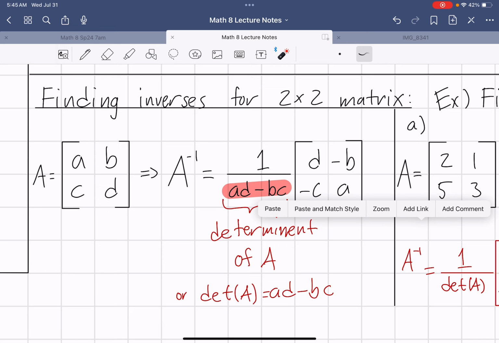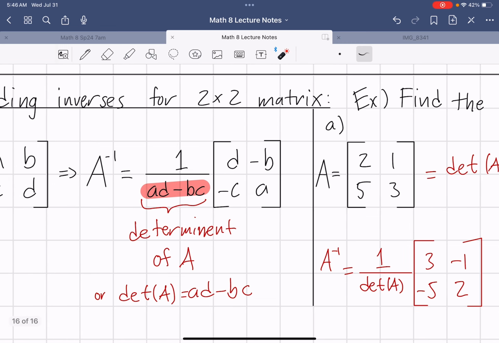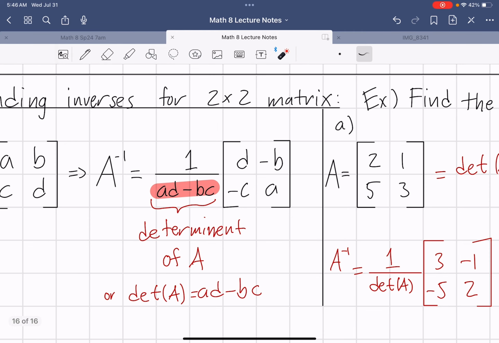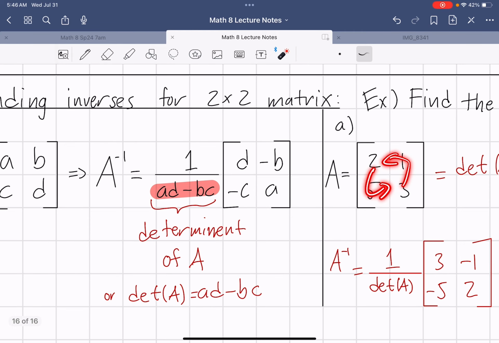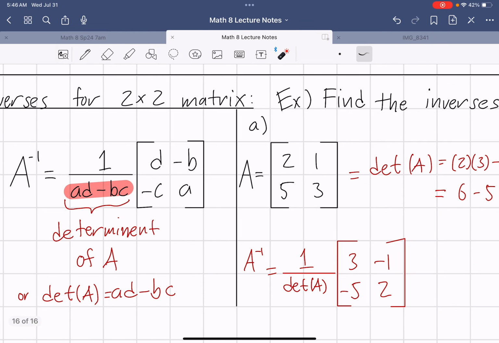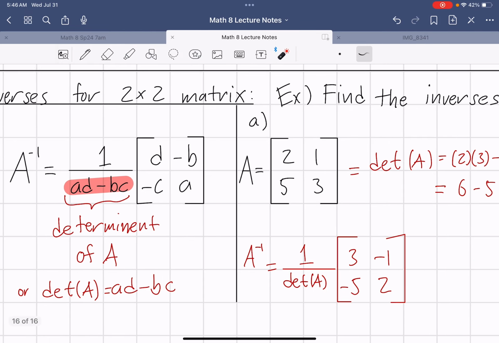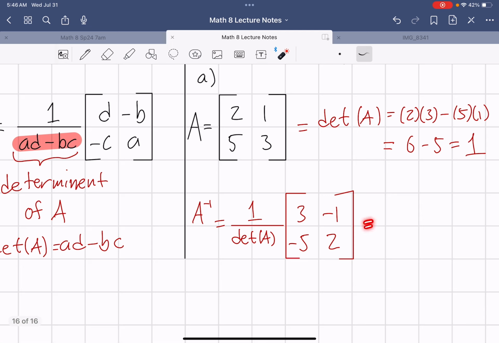So C and B stay in the same place, but A and D do swap between each other. And that's what I got here. Now, I know the determinant because I calculated it. It's going to be 1 over 1, which is just 1.